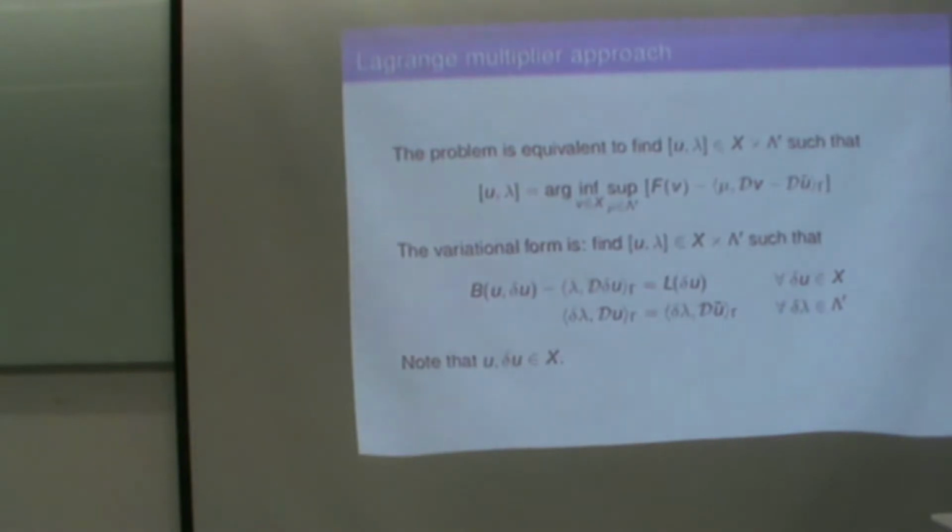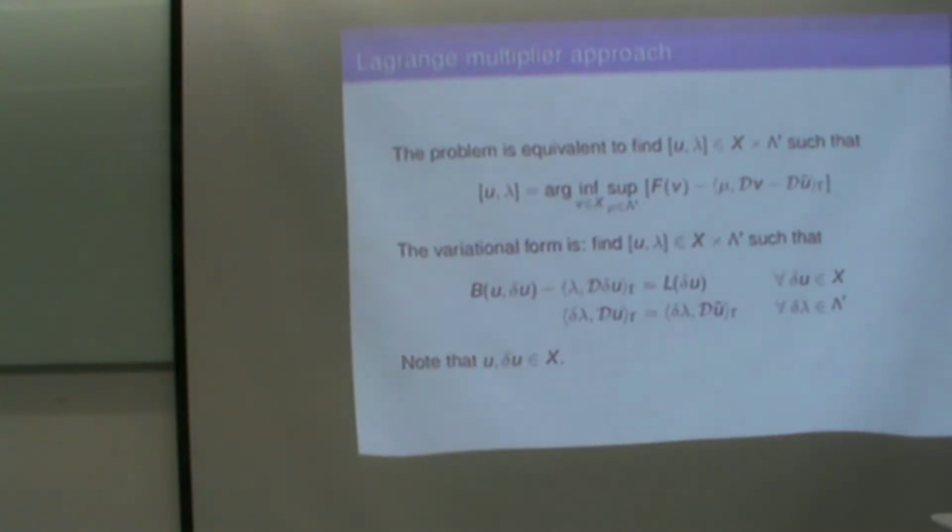So the optimization of this functional has two unknowns, the primal variable, the original unknown u, as well as the Lagrange multiplier lambda. And if we want to optimize this functional in brackets, we are led to these two problems.